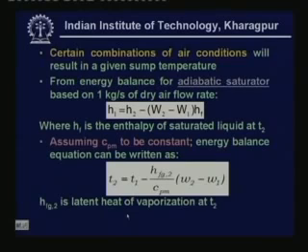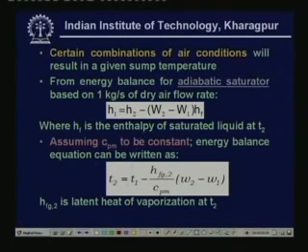Assuming the moist air specific heat cpm to be constant, the energy balance equation can be written in this form, where T2 is the exit or thermodynamic wet bulb temperature, T1 is the inlet dry bulb temperature, hfg2 is the latent heat of vaporization at temperature T2, cpm is the moist specific heat, and W2 and W1 are the exit and inlet humidity ratios.